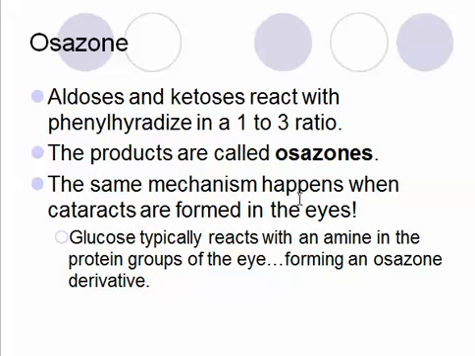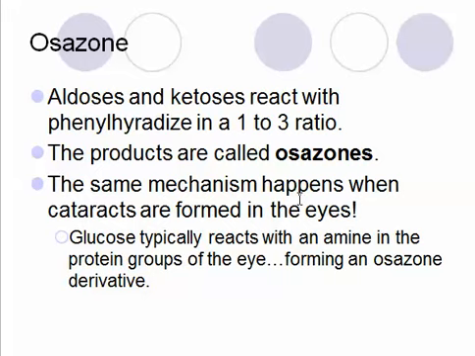So if you know someone that has some problem with cataracts, that's what's going on. It's the glucose that's in their system that's converting over to an osazone related compound, and that's precipitating out and solidifying. So that's what's happening with the story of cataract.